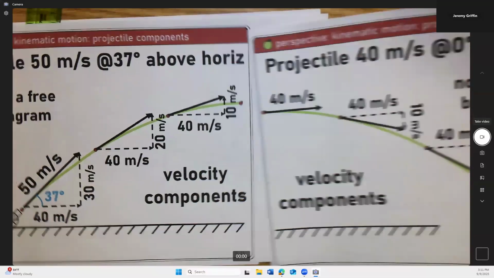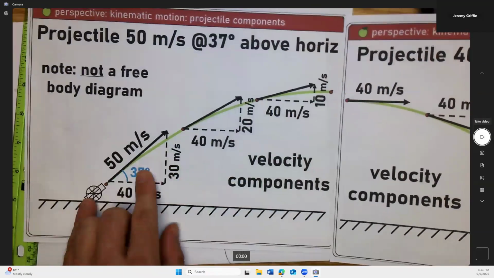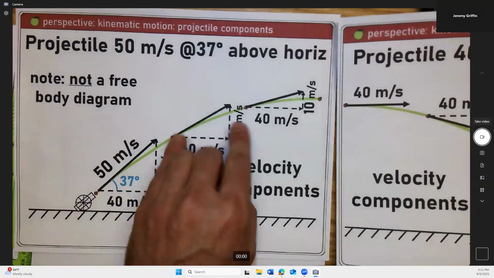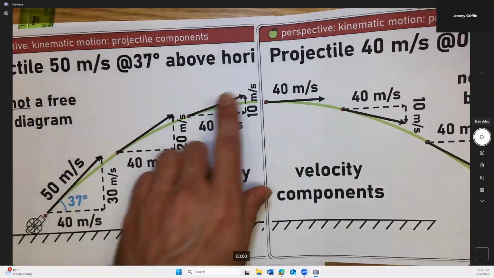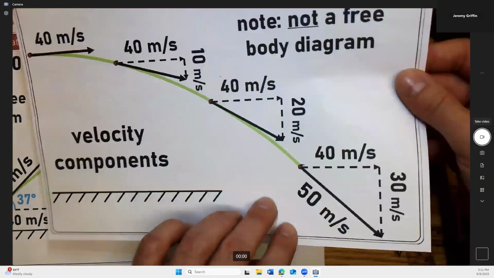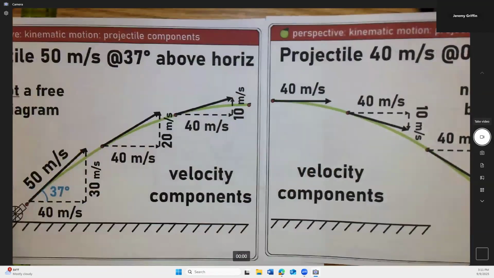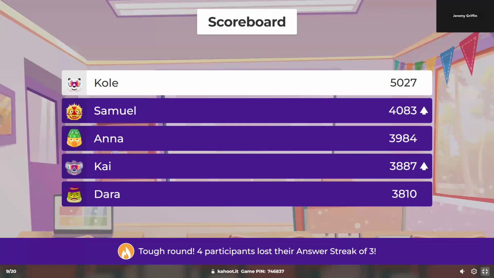In this example, wasn't the ball blasted at 50 meters per second? And as it goes up, it slows down a bit, slows down, slows down. And at the very top, it's only on 40 meters per second. That's definitely slower than 50. But then after that, it picks up speed, and now it goes faster, faster, faster. You guys remember that too?